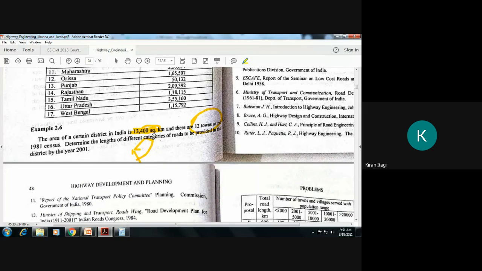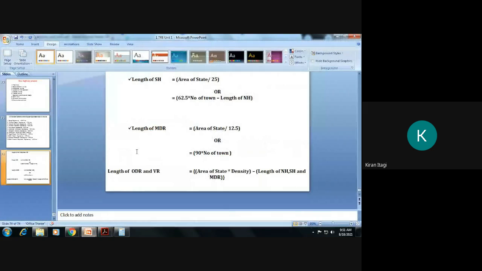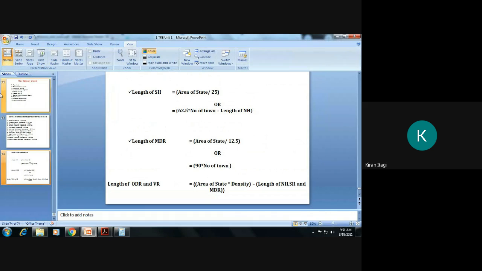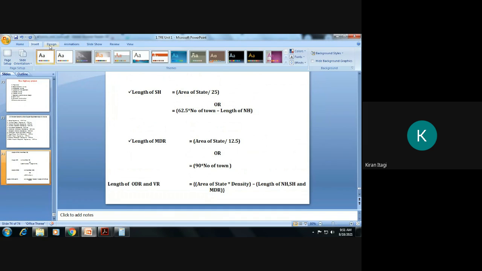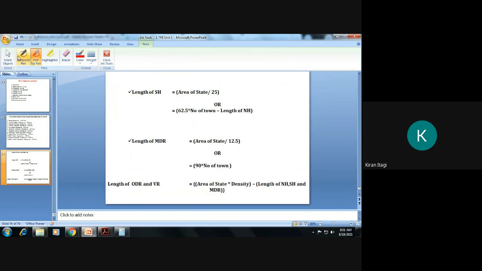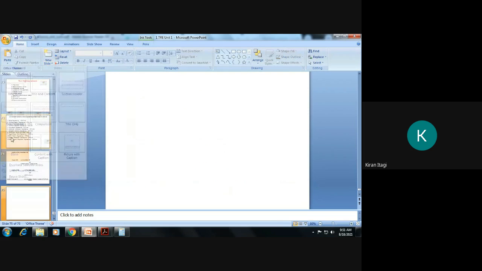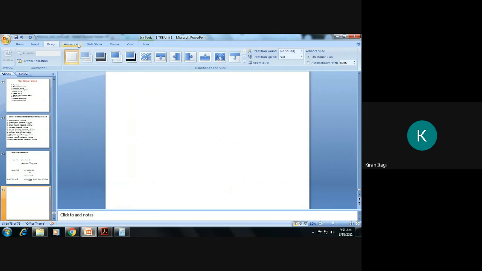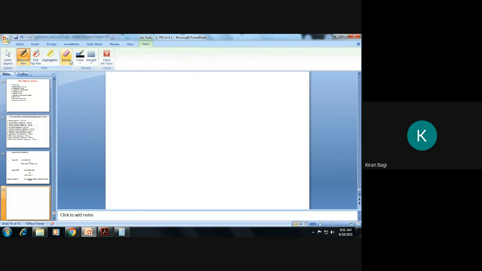Calculate and tell me. Number of towns were 12.